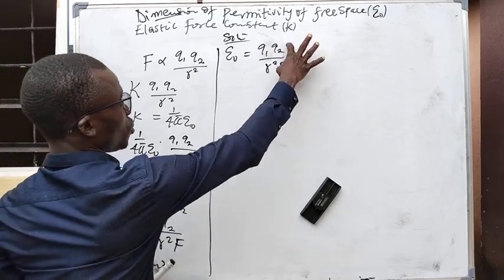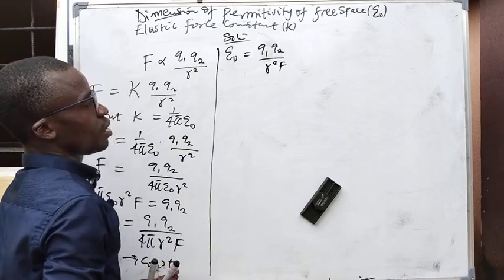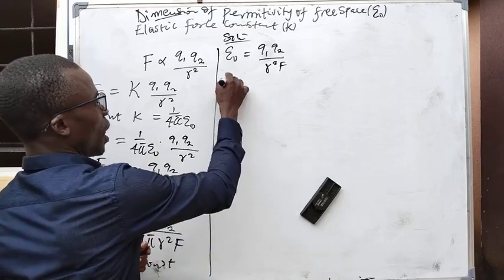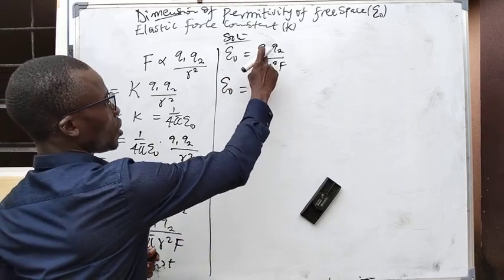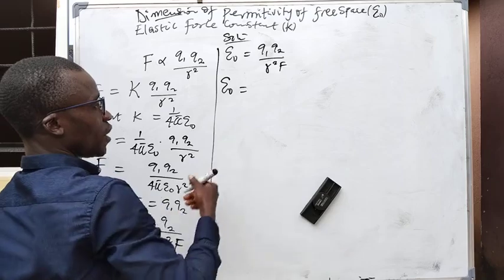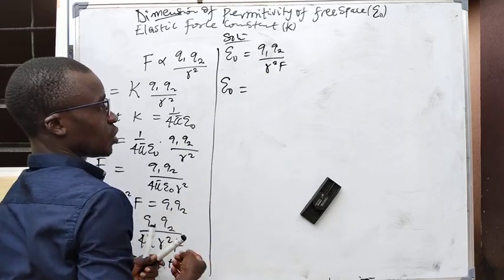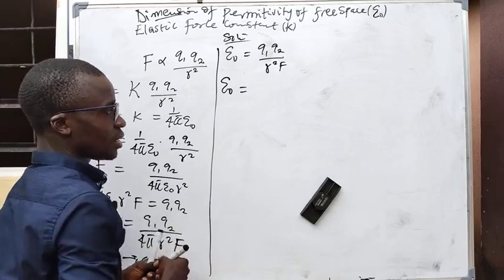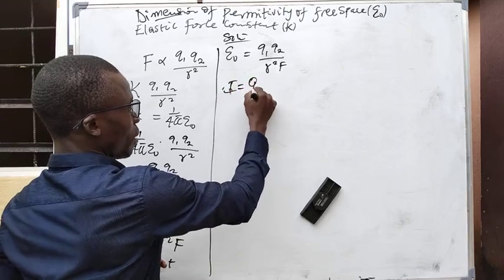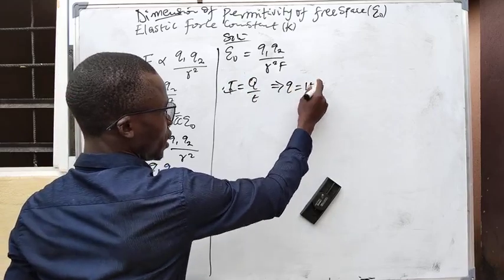Now, we are going to substitute all these things with their respective units. So epsilon naught will be equals to, what is the unit of charge here? Or what is the formula for charge? From current electricity, we recall that current is charge per unit time, which implies that charge is equals to IT, right?